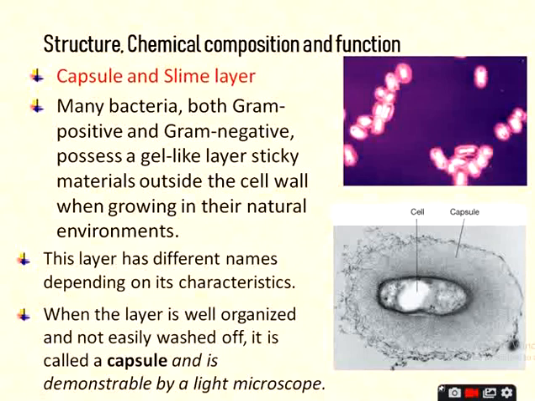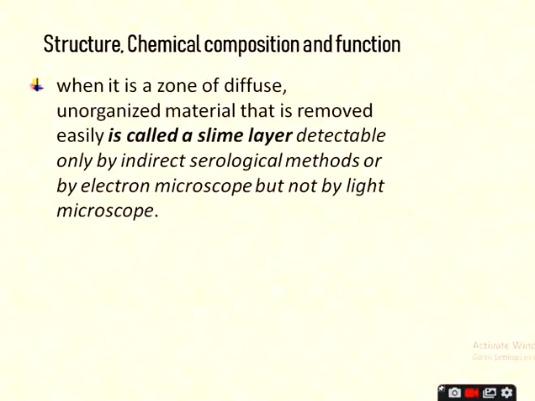Okay, when it is a zone of diffuse, unorganized material that is easily removed, that is called a slime layer, and it is detectable only by indirect serological methods or by electron microscopy, but not by light microscopy. That means based upon how it is organized, there are two types of these sticky materials.